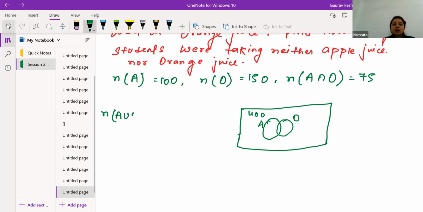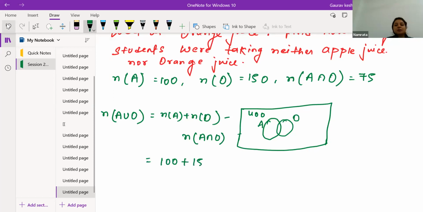A union O, that we don't know, out of 400. So the number of elements in A plus the number of elements in B, that means O, minus the number of elements in A intersection O. So in A we have 100 elements, in O we have 150 elements, minus 75.